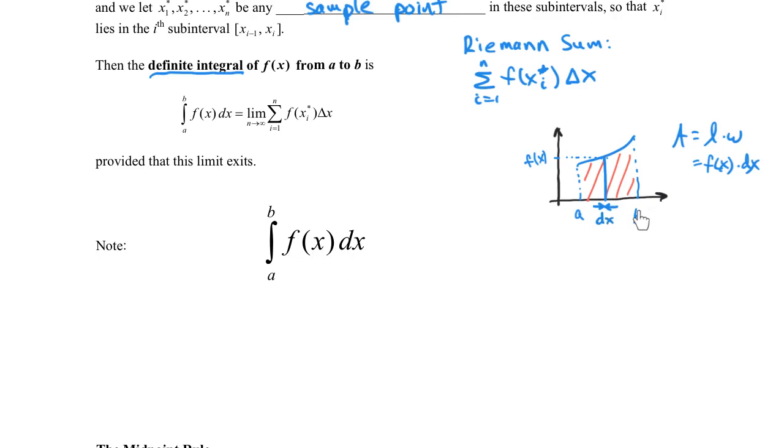So you would take the sum of all these really skinny rectangles, and you'll get basically the sum of all of these areas.